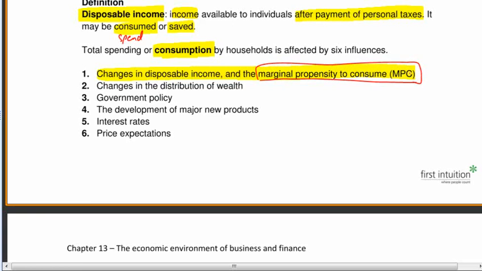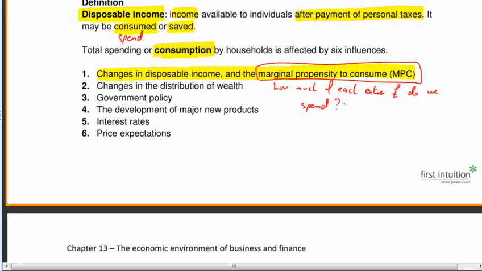So our marginal propensity to consume is how much of each extra pound do we spend. So if, for instance, we had a marginal propensity to consume of 0.8, that would mean for every extra pound that we earn, 80 pence of it is spent.